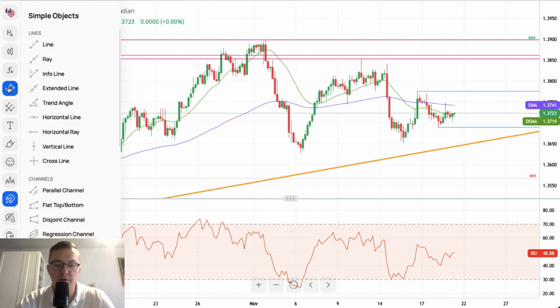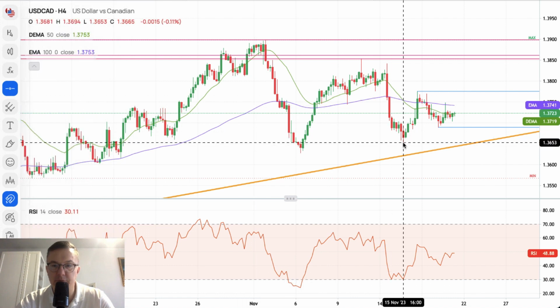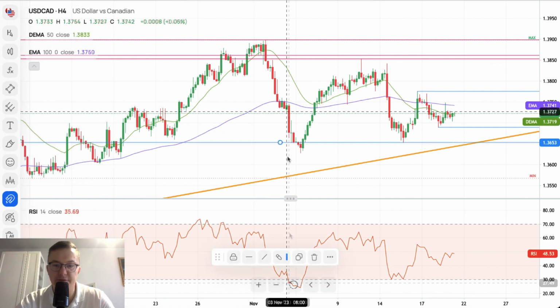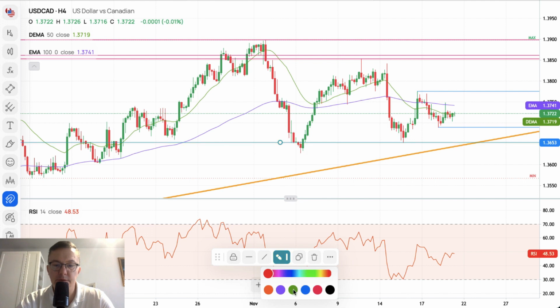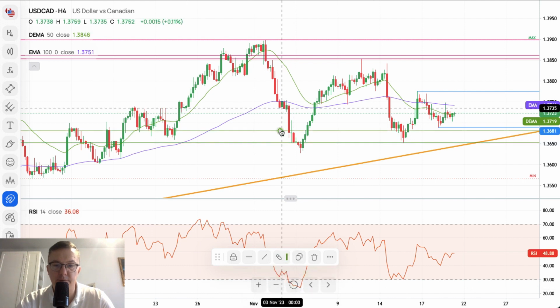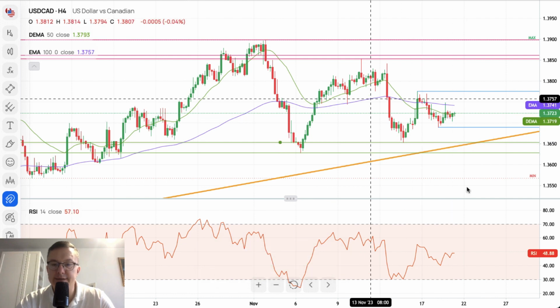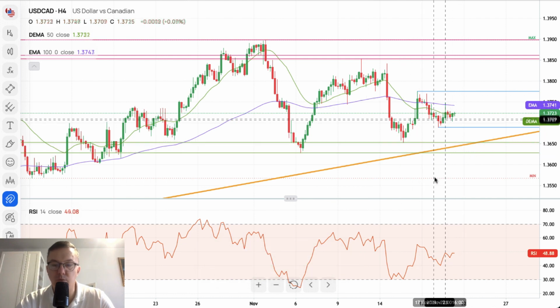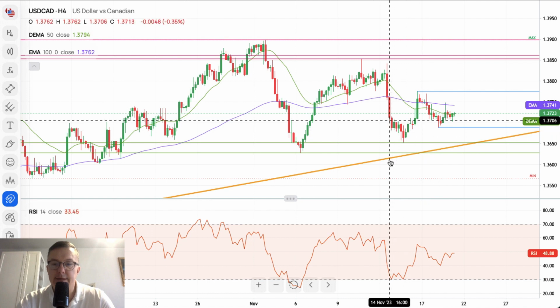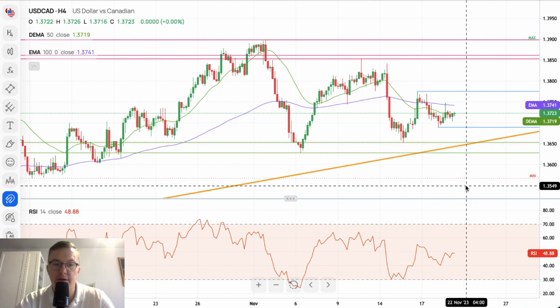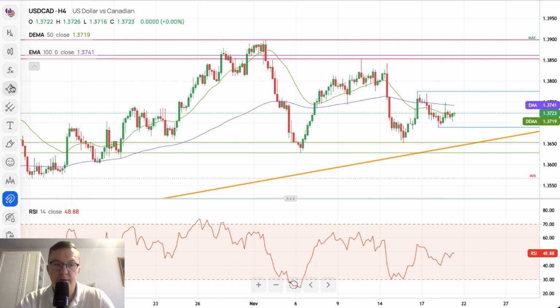So it won't be wrong to notice that the technical support is located at 1.3653 and at 1.3628. Only a sustained breakout below this zone would likely mean that the trend line will be tested, and if broken, then of course lower levels might be hit.